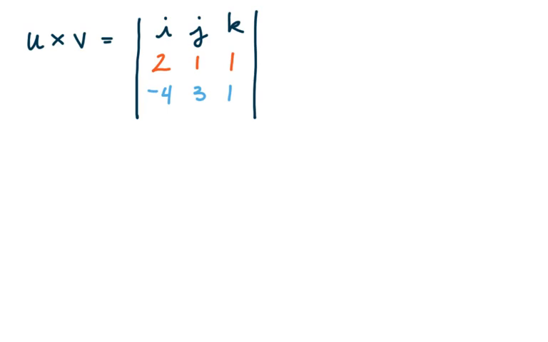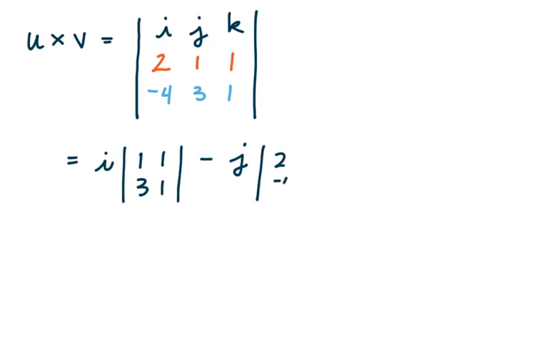As always, pause the video and make sure you know where I've got these numbers from. Now that I've set my matrix up, we're going to find the determinant of this 3 by 3 matrix. I have I times the determinant, and since this is I, we pick the numbers below J and K. So I have 1, 1, 3, 1, minus, it's always important to remember that minus, J. The numbers that are not under J are 2, 4, and 1, 1.